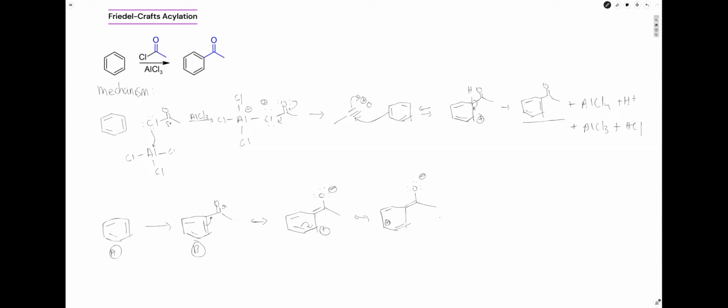But the important point is that with a formal positive charge within the structure of the ring, it's really quite clear that there's far less pi electron density in the ring than there was before. So A is considerably more reactive than B, and what that means, of course, is that the reaction generally stops at B. It will not polyacylate. So that's Friedel-Crafts acylation.